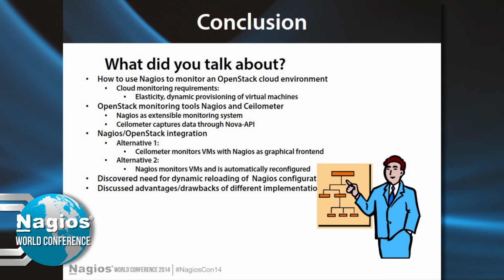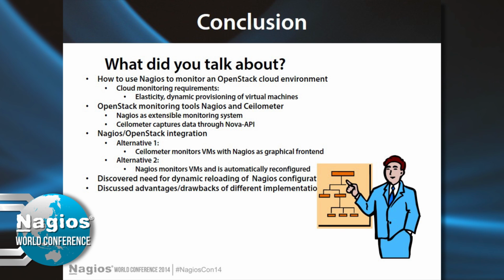Nagios is very extensible, very flexible, and Ceilometer captures the data directly through the Nova API. So there's a possibility to either use Nagios as a front end for Ceilometer and let Ceilometer monitor the VMs, or the alternative that Nagios is used as a standalone tool for monitoring the VMs and the services.